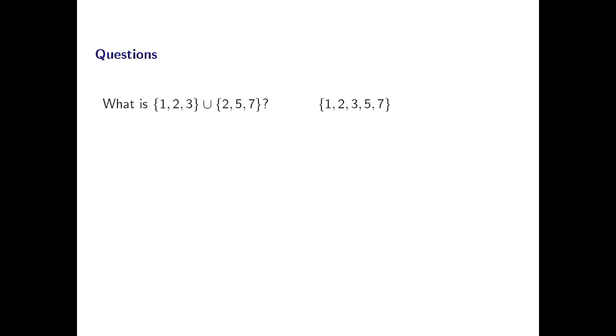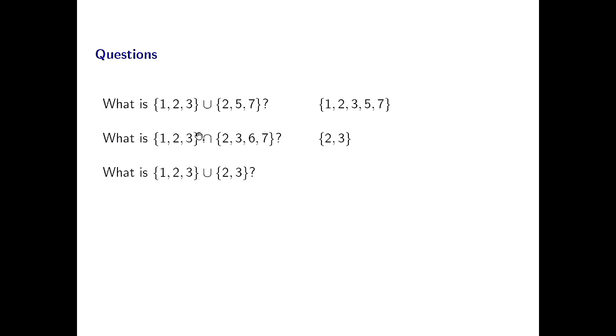You're either in a set or you're not in the set. There's no notion of multiplicity. So good. Okay, so what if we take the intersection instead? What's the intersection got in it? Just 2 and 3, right? So just the things that are in both of those.